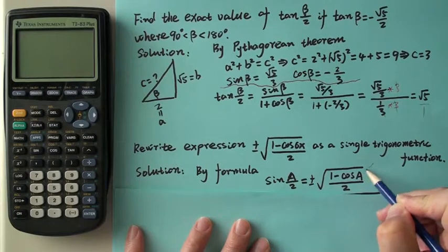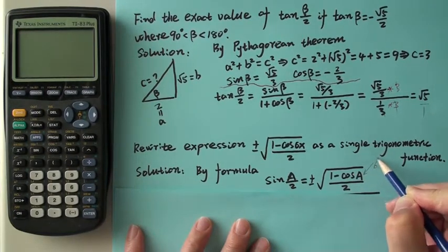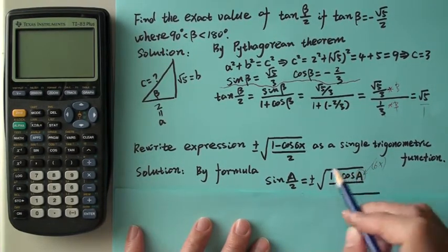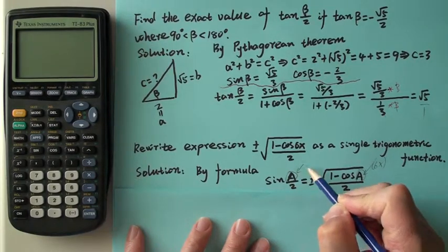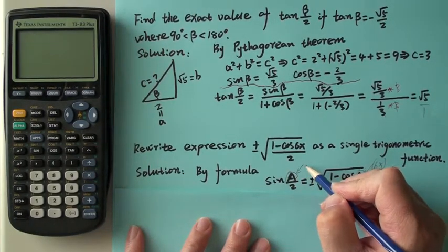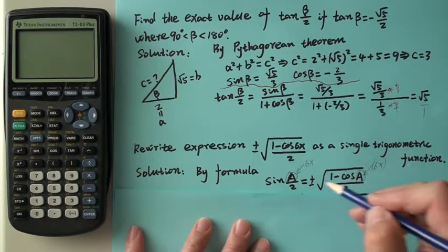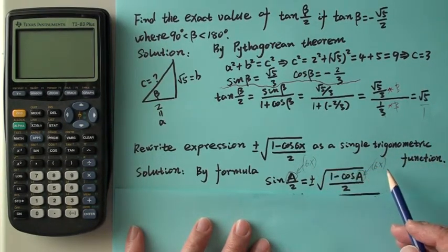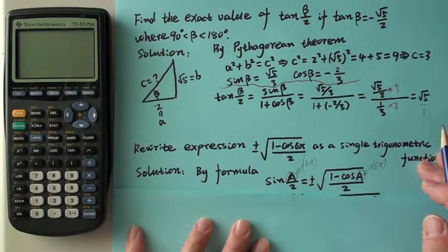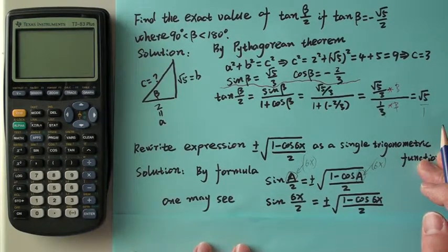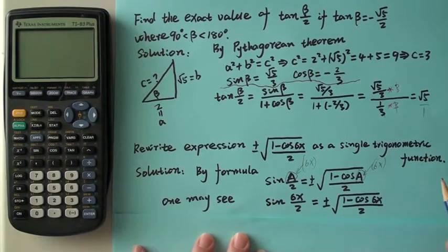If here is 6x, then here will be 6x. That's it. Very easy. So you plug in 6x, you're done.